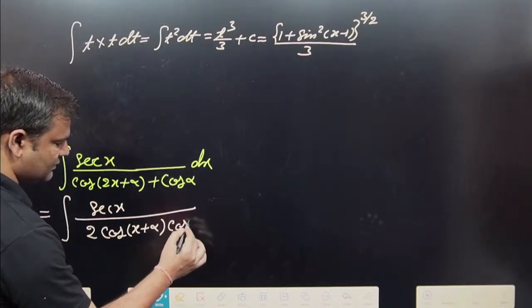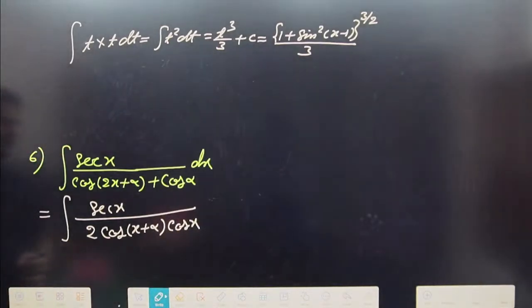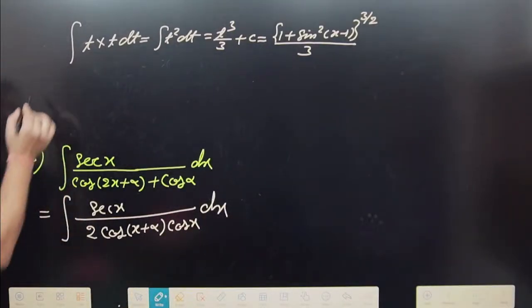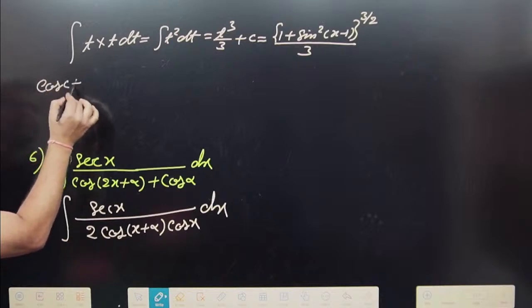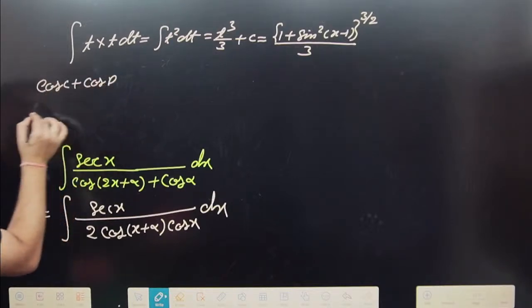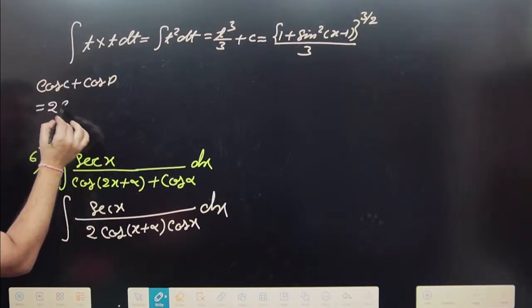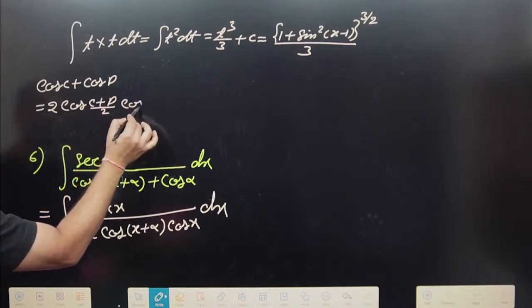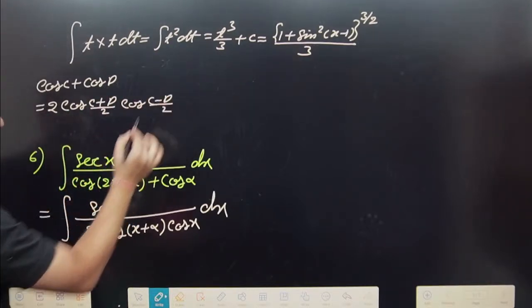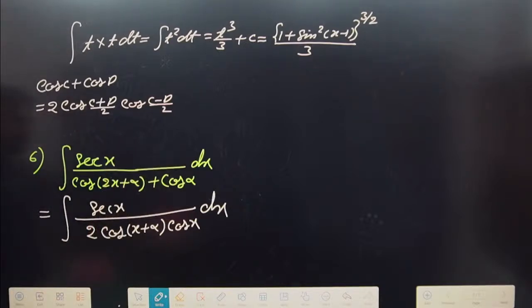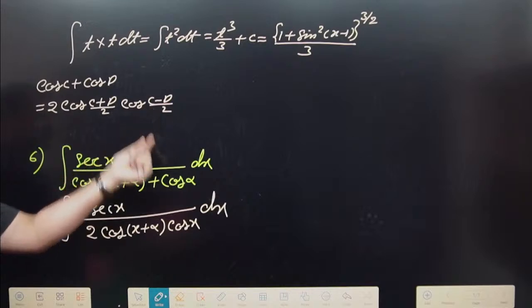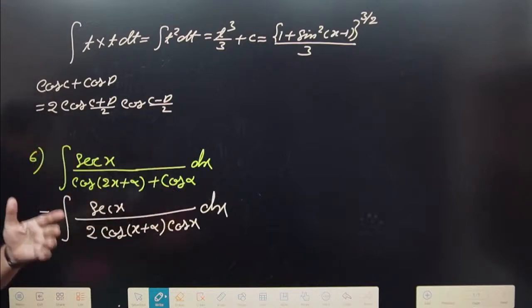I hope that is clear, into dx. Basically, here apply cos c plus cos d, that is 2 times cos (c plus d) by 2 into cos (c minus d) by 2. That formula is used here. Here c is 2x plus alpha and d is alpha.